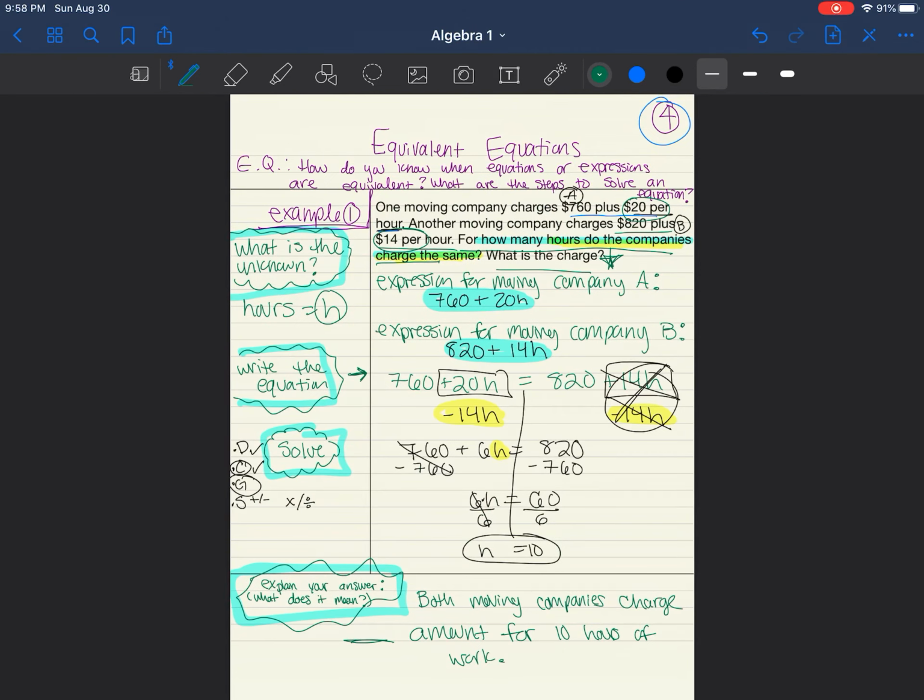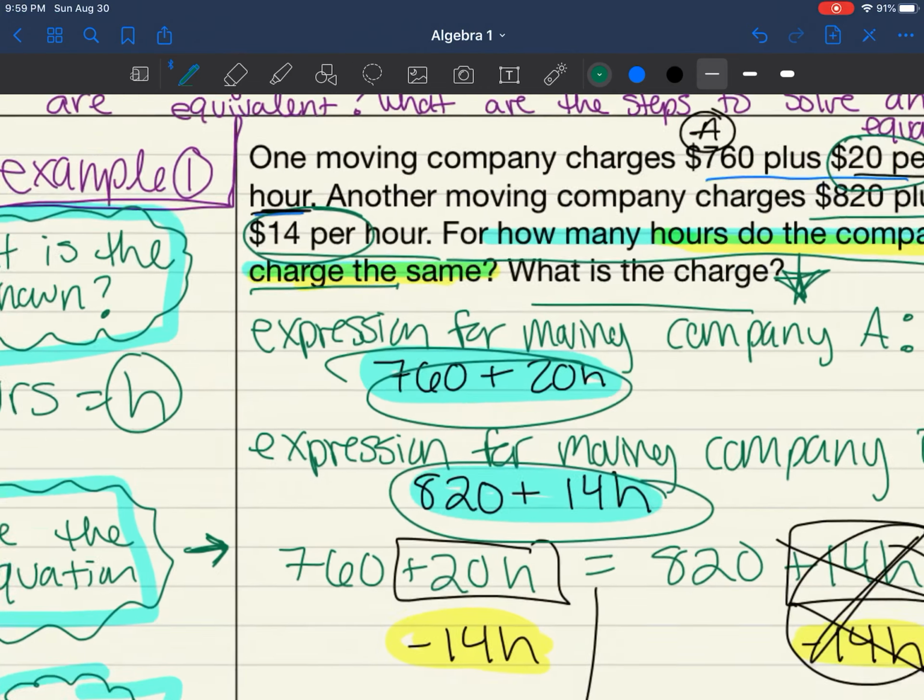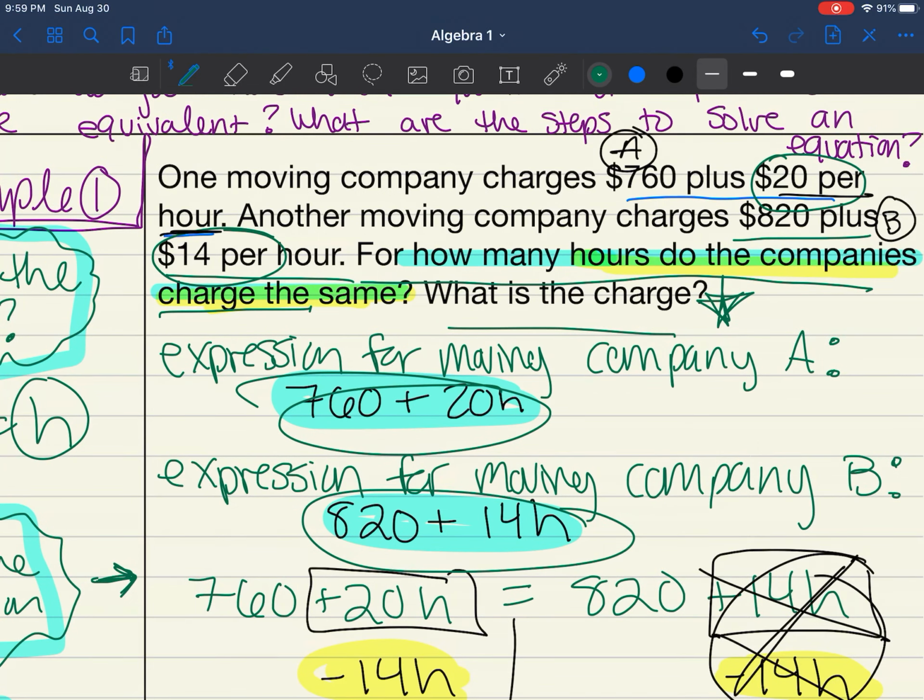So if the 10 is what we got when these expressions were set equal, it doesn't matter which one we plug into to figure out how much that charge is. So let's just go ahead and plug into this first one. So we can do 760 plus 20 times 10, because we're replacing H with 10. So that's 760 plus 200, and that's going to be $960.